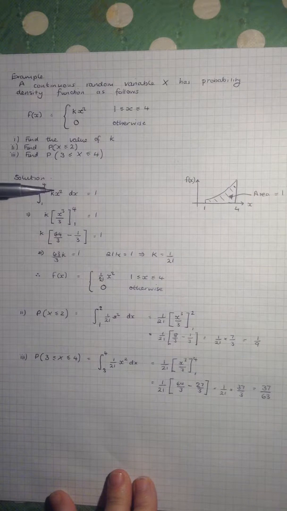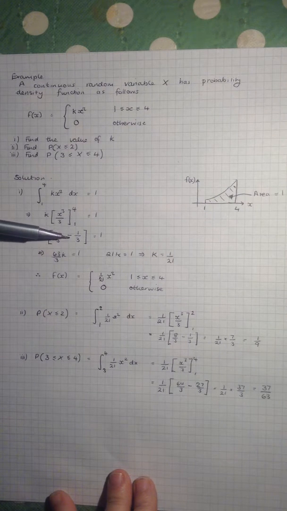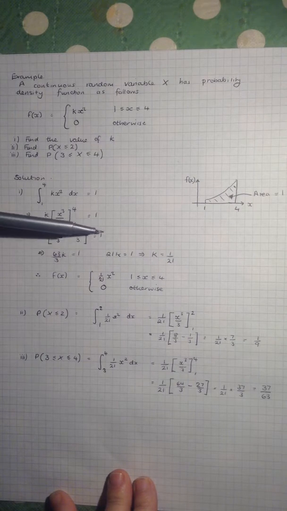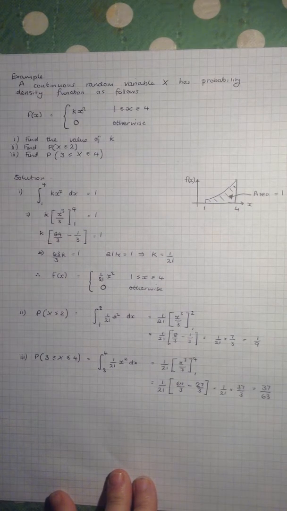By integrating it, we can take the k outside, x squared integrates to x cubed over 3, increase the power by 1 and divide by it, and we're finding it between the limits of 1 and 4. Substituting in our 4 and our 1, we get k times 64 over 3 minus 1/3, and that answer equals 1 because it's the area under the graph.